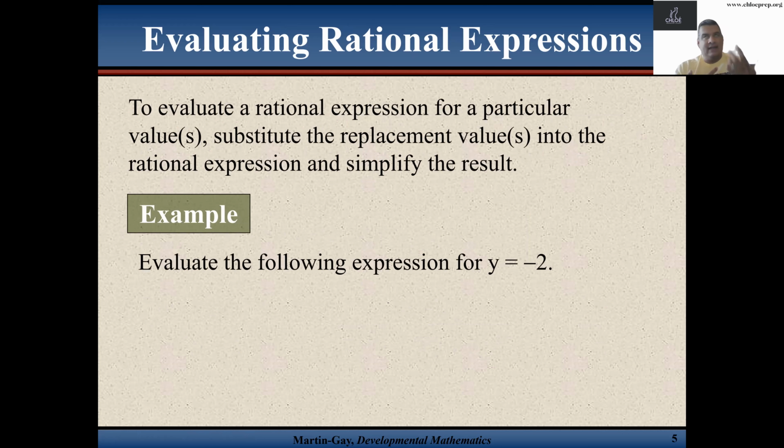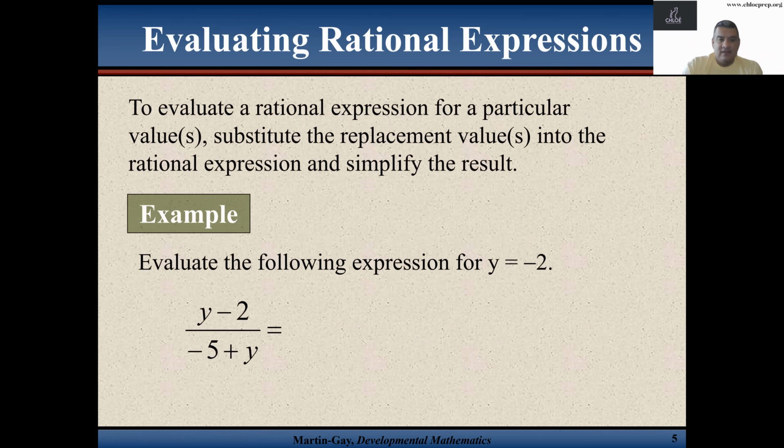So we're going to go back to that idea of evaluation. And evaluation is just replacing the x or replacing the y. So in this case, we're told y equals -2. Remember, we've done an example of this in a video I sent you. Anywhere I see a y, I'm just going to replace it with -2.